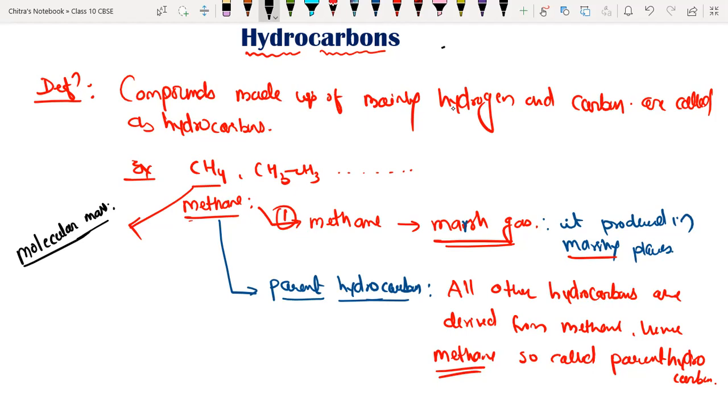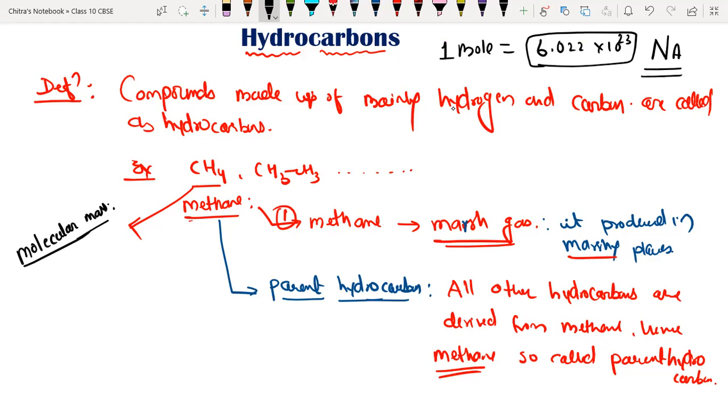You know, 1 mole is 6.022 into 10 to the power 23 particles. That much of particles together is called 1 mole. It is given by Avogadro, that's why it is also called Avogadro's number, and it is represented by Na. Understood, everyone? Yes, sir.